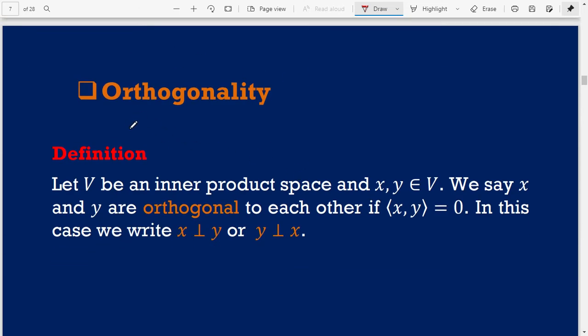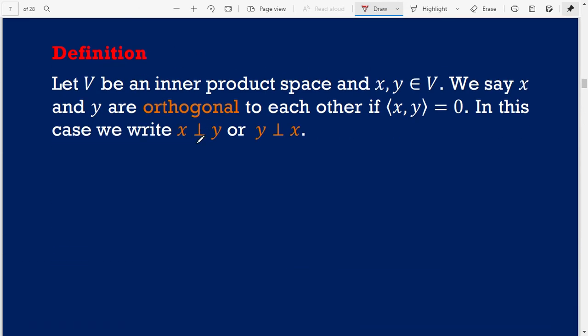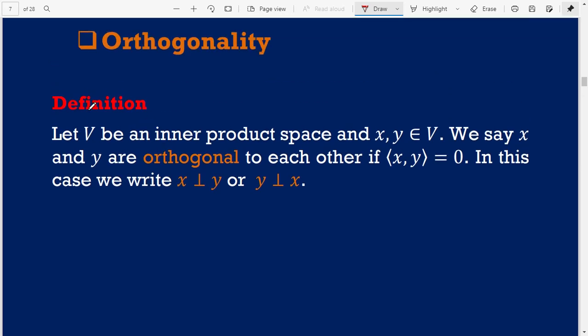Now, the orthogonality definition. Here we see the definition of orthogonal to each other. We say x and y are orthogonal to each other if inner product x with y is equal to 0.